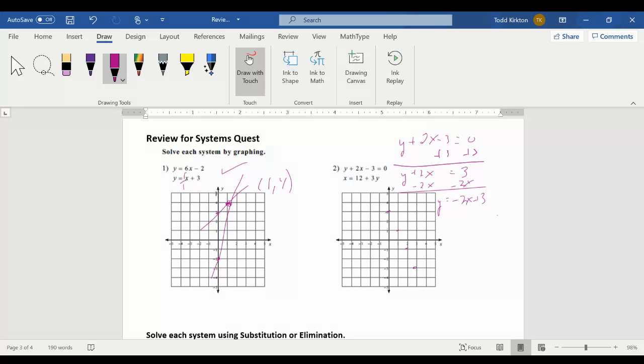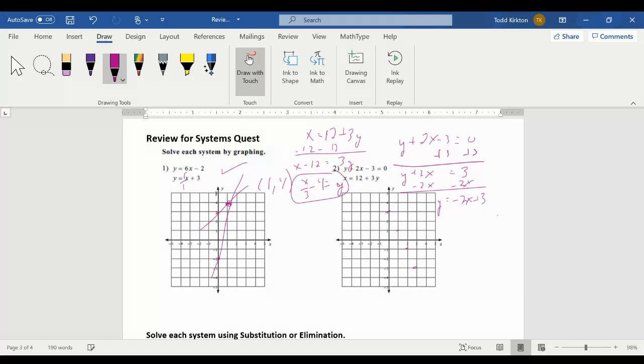For the second one, again, I have to solve for y. It's kind of an unusual form. So subtract 12. Divide everything by 3. So x divided by 3, 12 divided by 3 is 4.